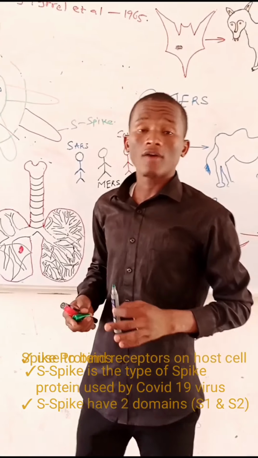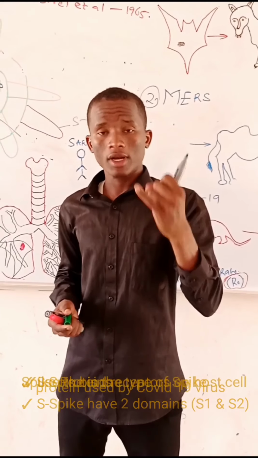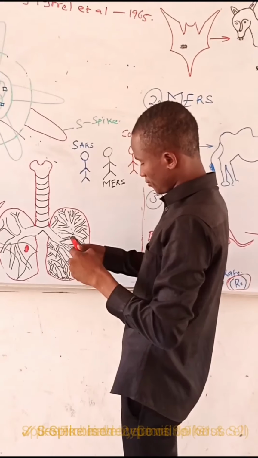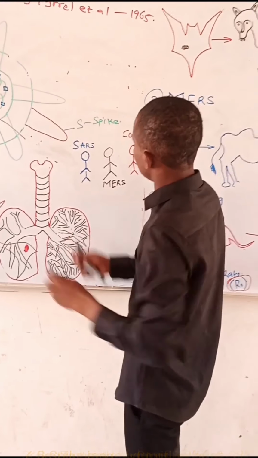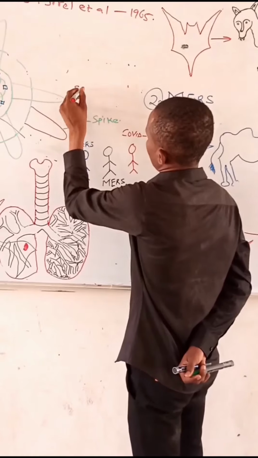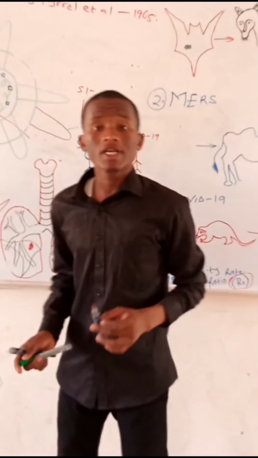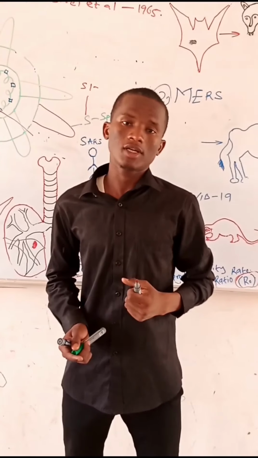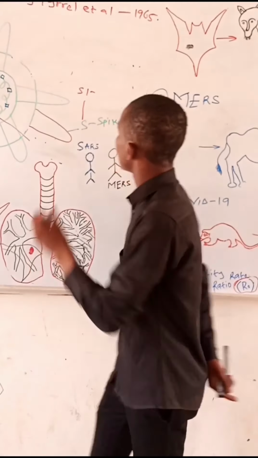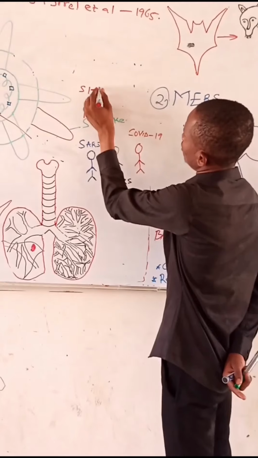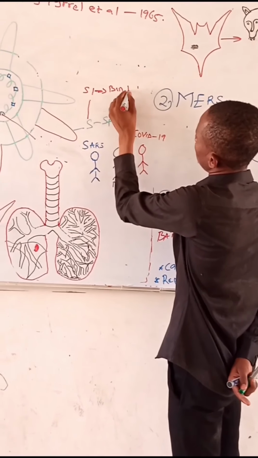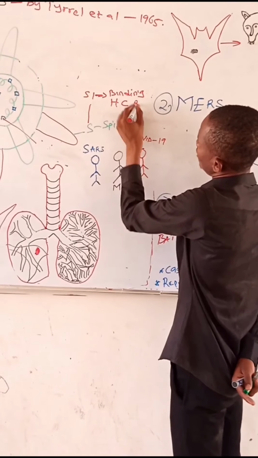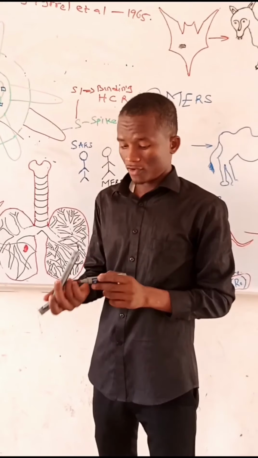This S-spike has 2 domains, the S1 and S2 domains. S1 is used by the virus to bind the host cell receptor. That's the function of S1.